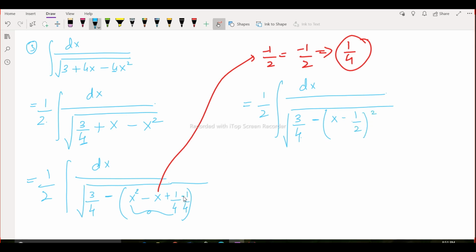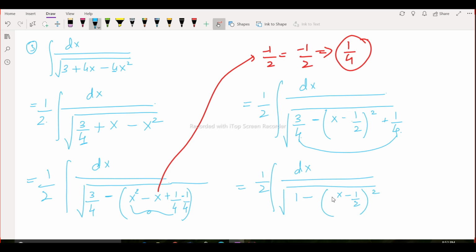And see, this minus 1 by 4, minus into minus plus, so this is plus 1 by 4 outside. Now this is 3 by 4 and 1 by 4 is 1, so what you get is 1 by 2 integration upon root of 1 minus x minus 1 by 2 the whole square. And now we get this in the perfect way which we wanted.